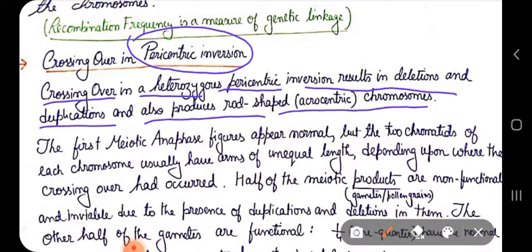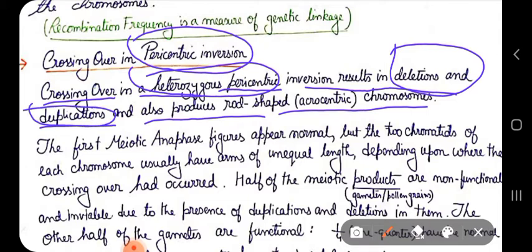So when crossing over occurs in heterozygous pericentric inversion, it will cause deletions, it will cause duplications, and also produce acrocentric chromosomes, that means chromosome fragments without any centromere.